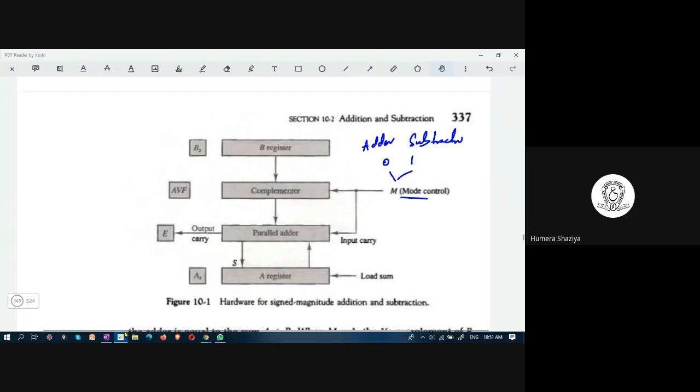Here you get the ones complement. When the mode is 1, B would be complemented. When the mode is 0, B is not complemented. B is directly fed through the complementer to the parallel adder, and the parallel adder receives another input from A. The parallel adder would perform addition and store the output carry into the E flip-flop.